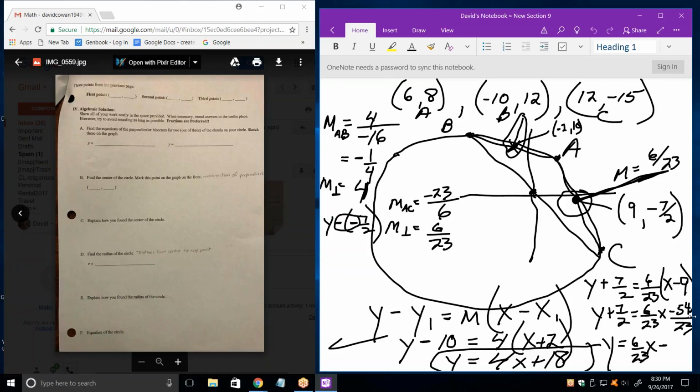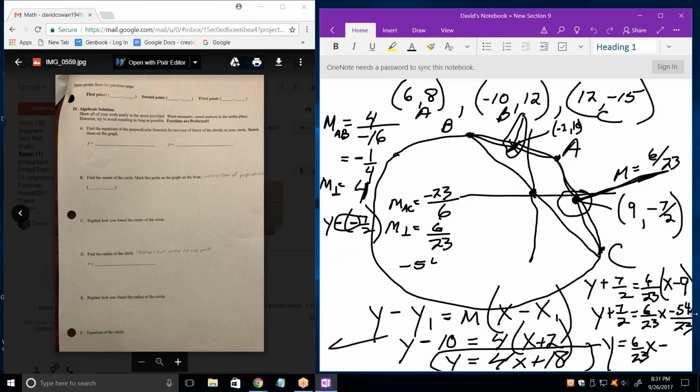That's why they let us pick the points and didn't give them to us. Actually, I think it would have been better if they'd given us the points, because when we pick them randomly, we end up with fractions like 54/23, and we have to subtract 7/2 from that. That's not that easy to do.